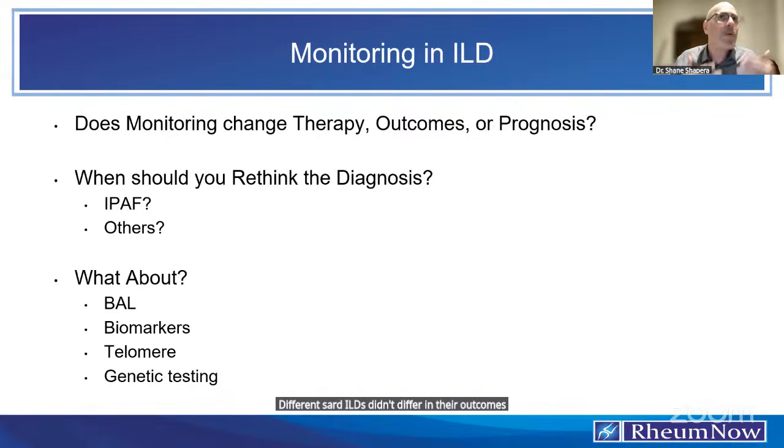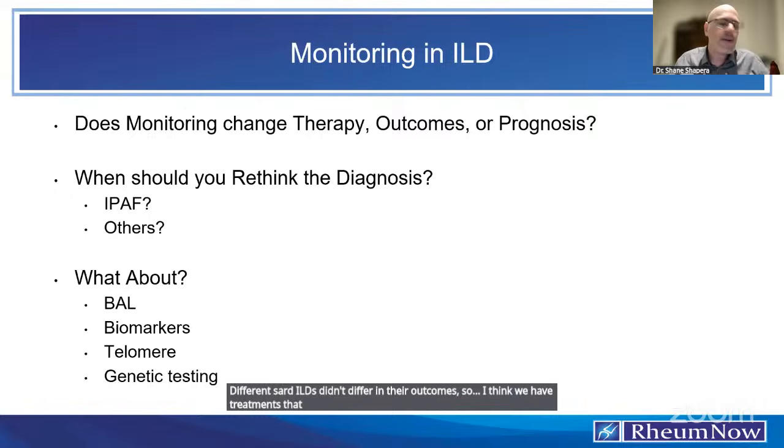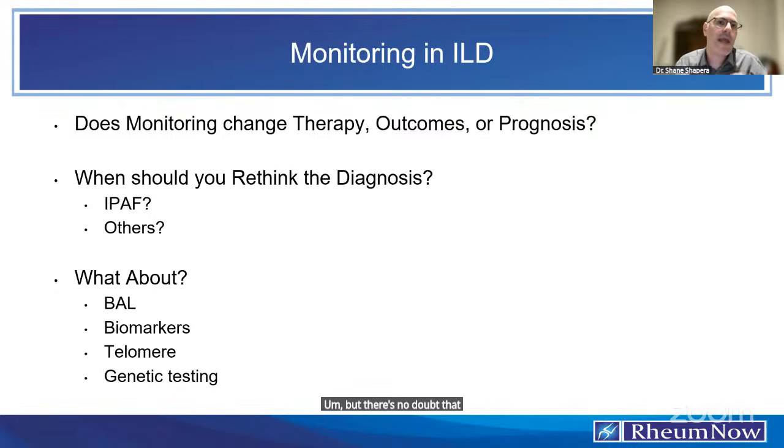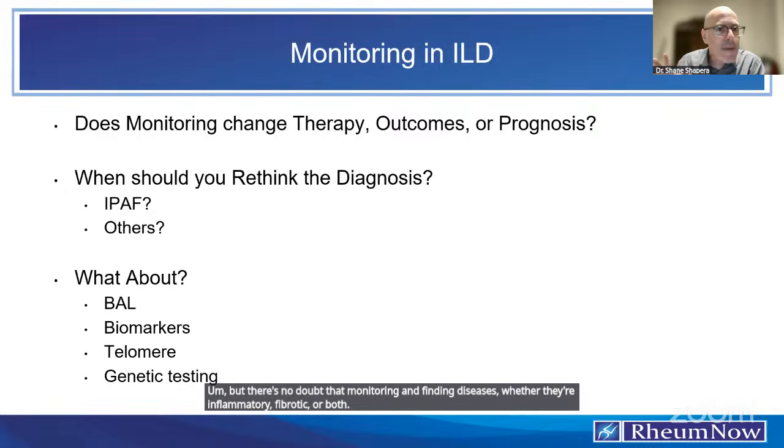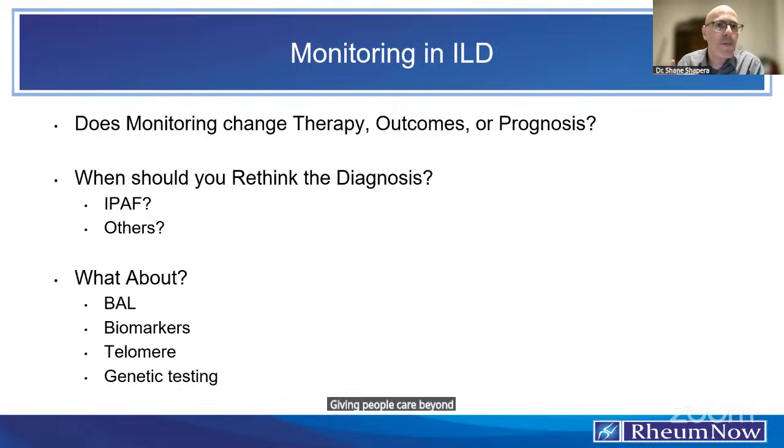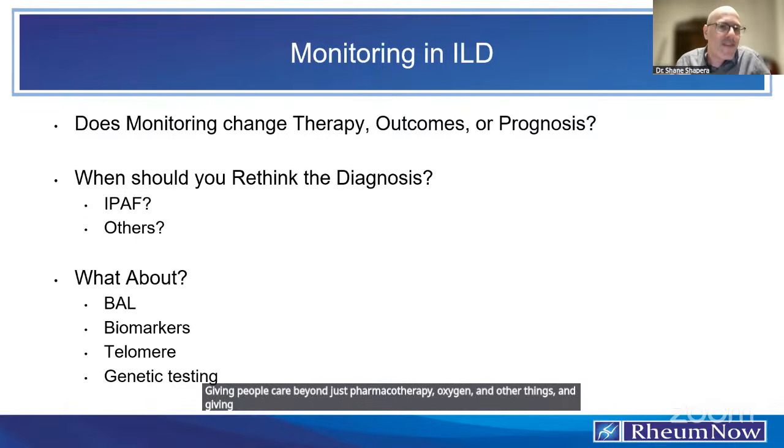So I think we have treatments that are effective. I totally agree, we need better data. We need better treatments. But there's no doubt that monitoring and finding diseases, whether they're inflammatory, fibrotic, or both, giving people care beyond just pharmacotherapy, oxygen, and other things, and giving access to transplant, these things have a major impact on outcomes for our patients.